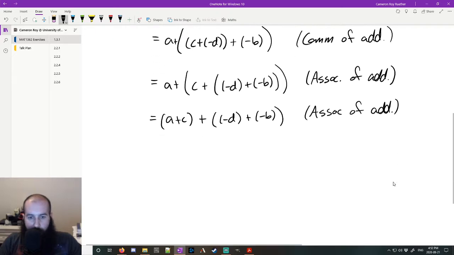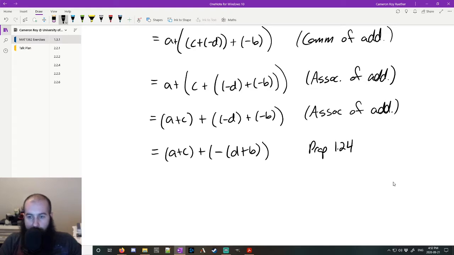Now here we're going to use proposition 1.24 part 1, which says that the additive inverse of D plus the additive inverse of B is the additive inverse of D plus B, which you should remember from last week. Like this.